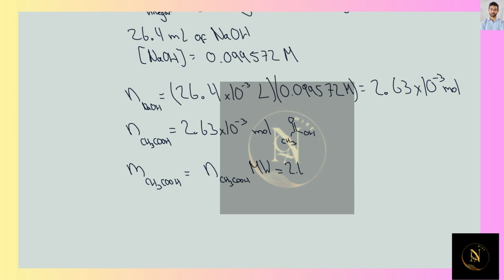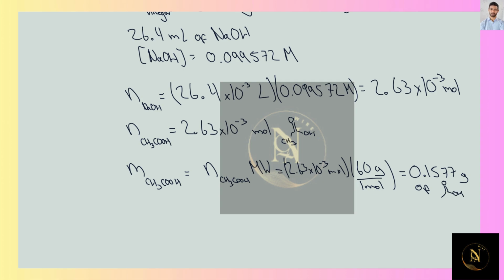So this is 2.63 times 10 to the minus 3 mole multiplied by 60 grams per mole. This means that we have 0.1577 grams of acetic acid in our sample.